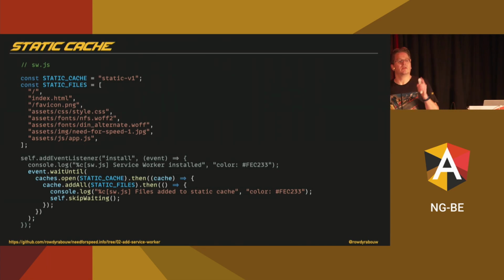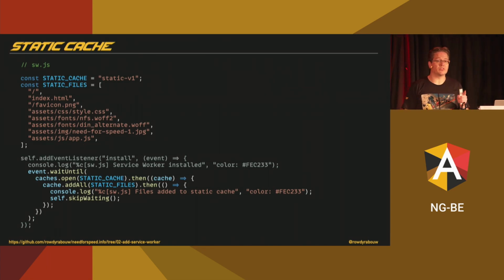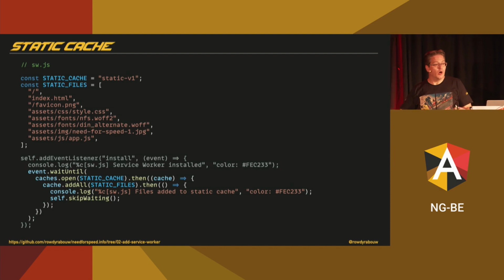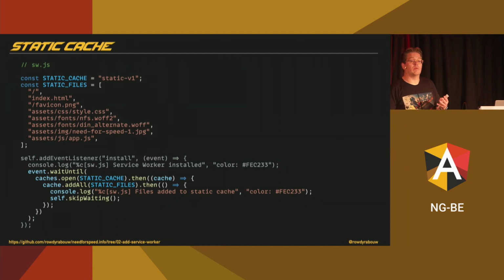Never, ever, ever put your service worker JavaScript file on this, because you're doomed. You'll never be able to update it again. Then at the install event, I'm going to open the static cache if it's available, or otherwise create a new one, and I will add all these files to it.